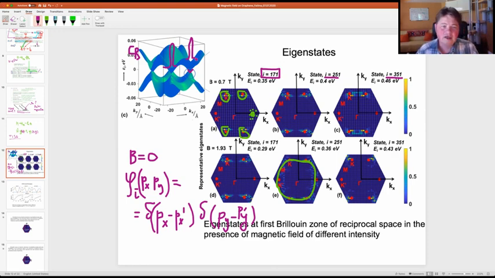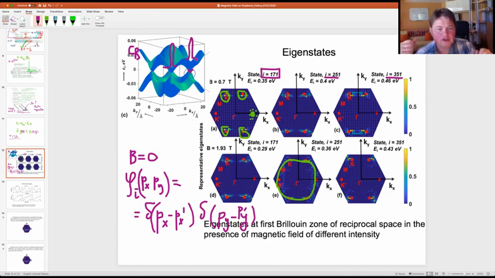Another thing: before we switch on magnetic field, there is a one-to-one correlation between the value of momentum and the value of overall energy. So we can draw this shape.